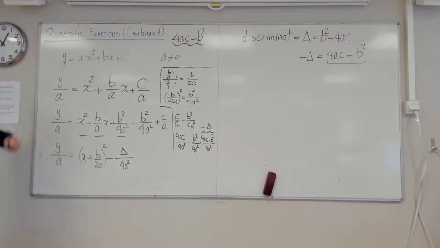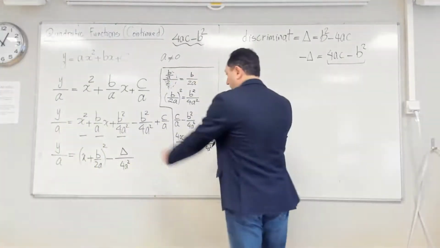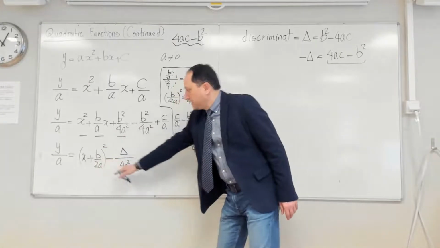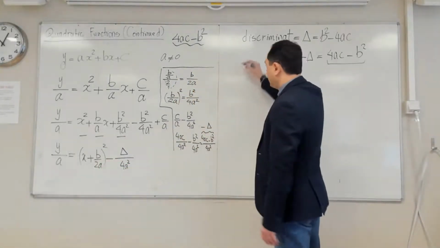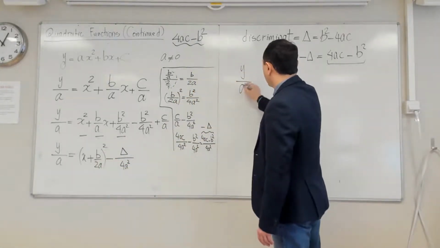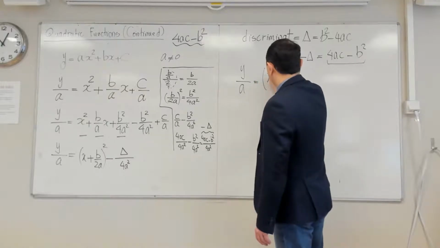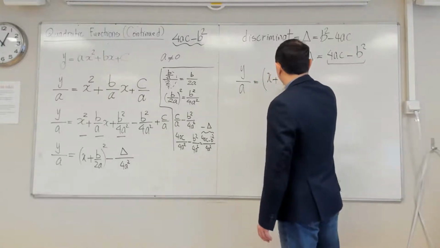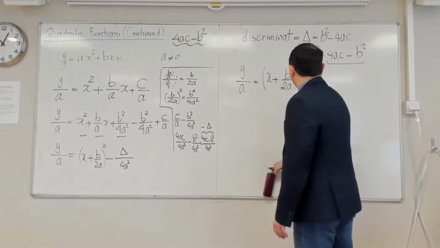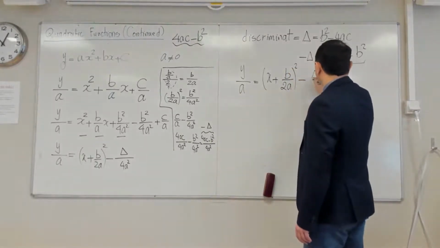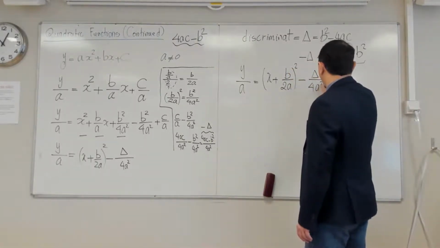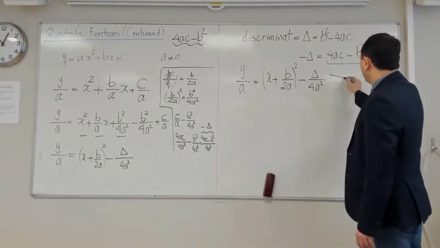Okay, so let me come back here. I want to copy and paste here to be on the board up here so that you can see it. X plus b over 2a to the power of 2 minus delta divided by 4a squared. Now, can you tell me what is this one?